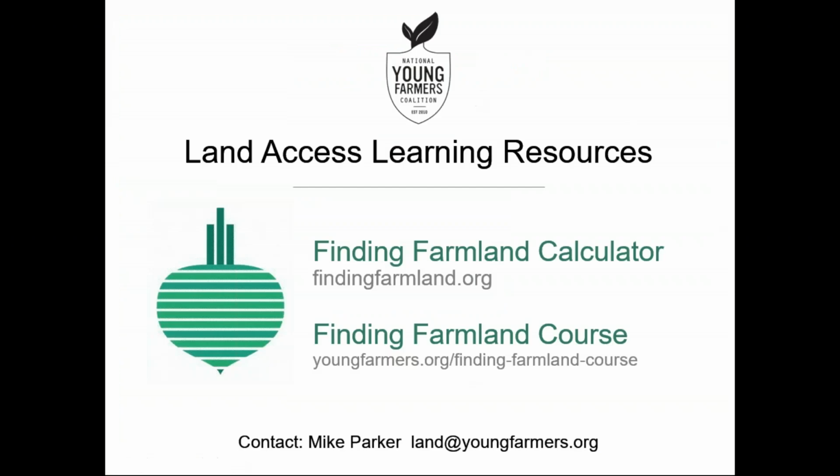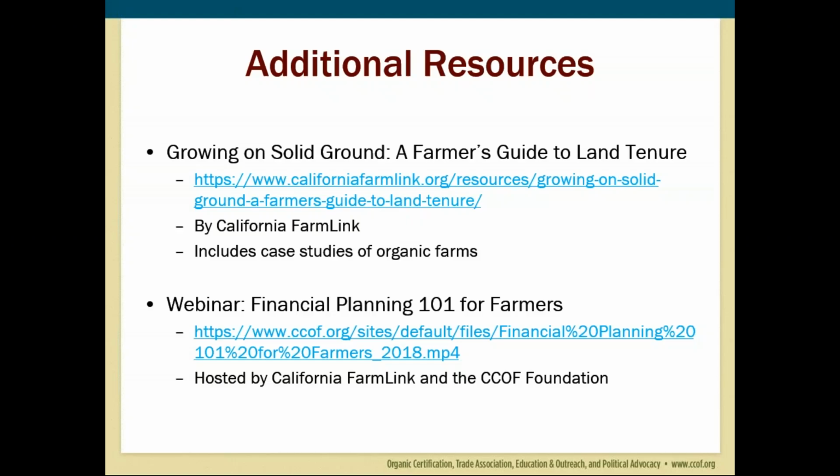And here is, this will be in the handouts that we send out too, but it's just the link to the calculator and the course that Mike was talking about. And just a few additional resources. There's a publication by California FarmLink that is a farmer's guide to land tenure, and it includes some case studies on organic farms.